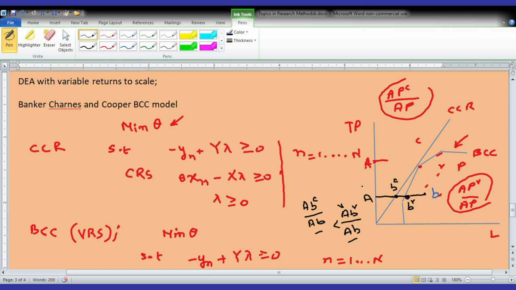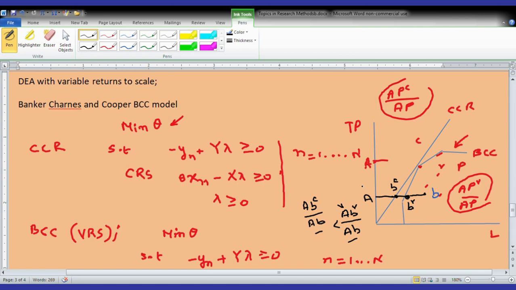We say that the BCC model allows us to capture aspects of scale efficiency, and we'll see how this happens. This model imposes an additional restriction, which is that a firm is benchmarked only with firms which are similar in size.